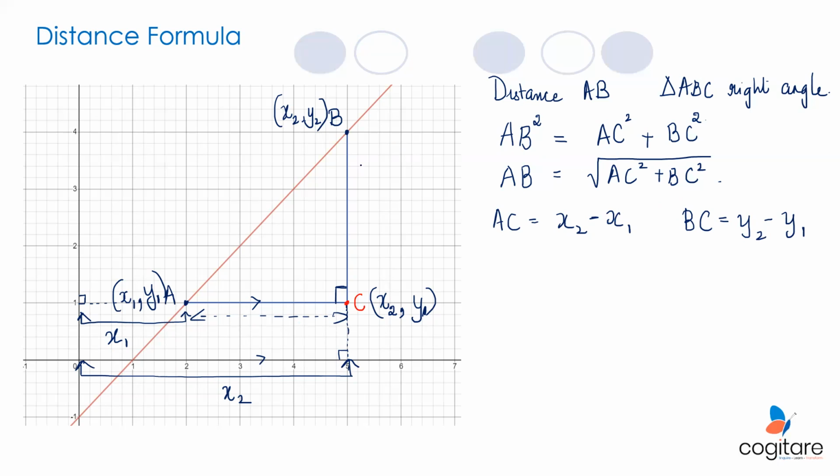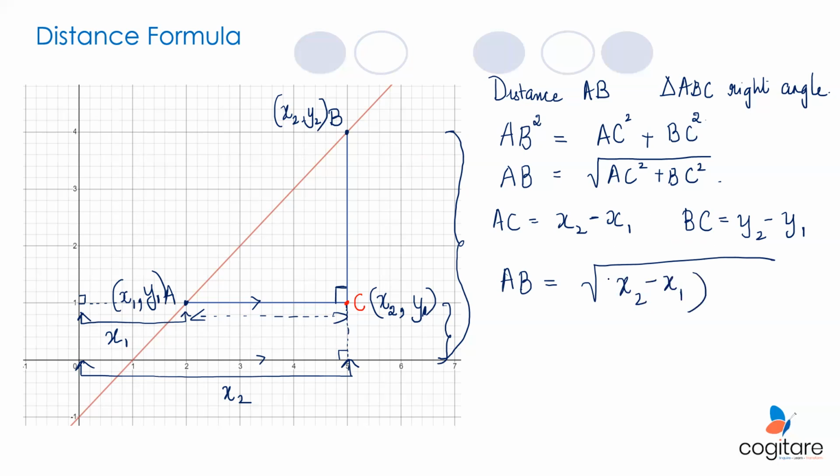B and C lie on the same line. So the vertical distance, this completely is y2 for you. This is y1 for you. When you subtract them, you will get y2 minus y1 for BC. Let's just plug this back into the equation to find AB. Then AB is given by the square root of x2 minus x1 the whole square plus y2 minus y1 the whole square.